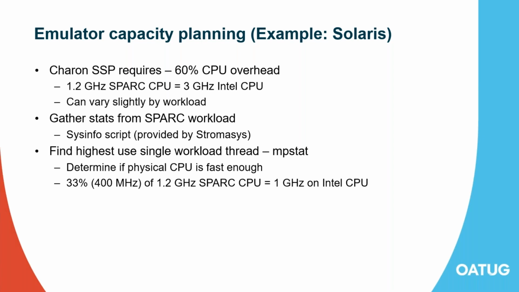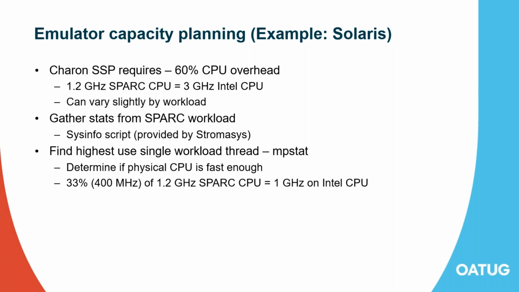And one of the primary reasons that this is so important is because in order to translate from x86 CISC instruction set up to whatever your legacy instruction set is, whether it's SPARC or VAX or whatever it may happen to be, it requires, as a rule of thumb, about 60% CPU overhead.